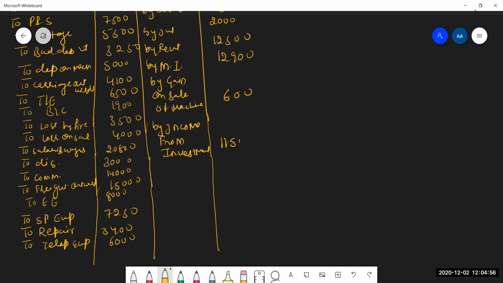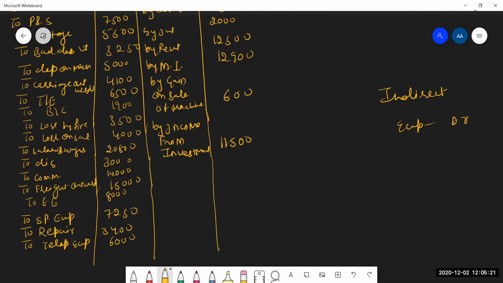So you have seen that I have done nothing, just only one thing I have done. What is that? I have just placed the items, all the expenses. Indirect expenses will be written on the expenses side, and all the incomes will be written on the credit side. Expenses will be recorded on the debit side, because it is the rule that debit all the expenses and credit all the incomes.